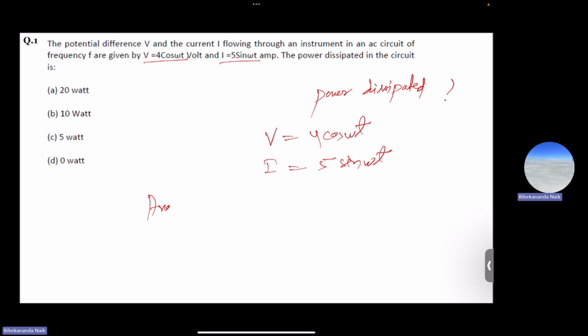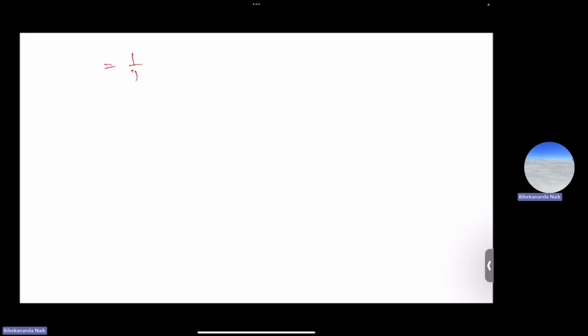So the average power P will be 1 by T integral from 0 to T of V I dt. If we calculate, it will be 1 by T integral from 0 to T of 4 sin omega t into 5 cos omega t dt.